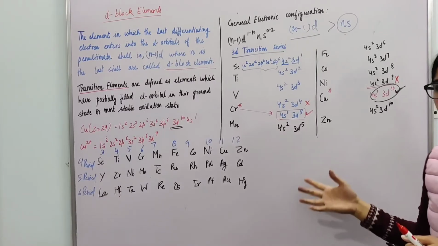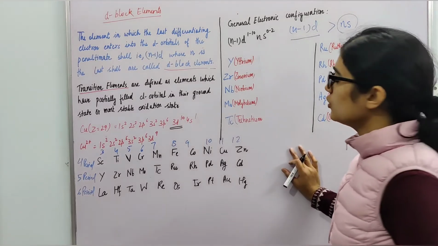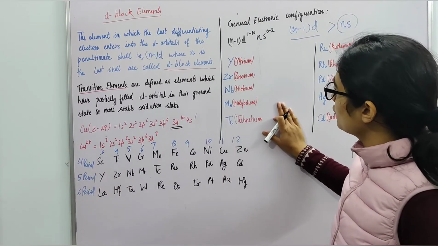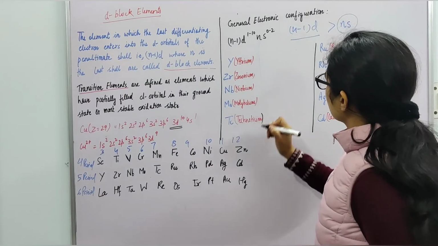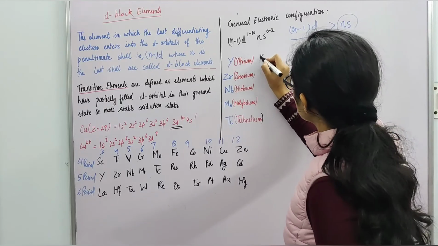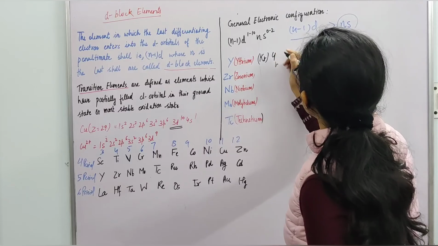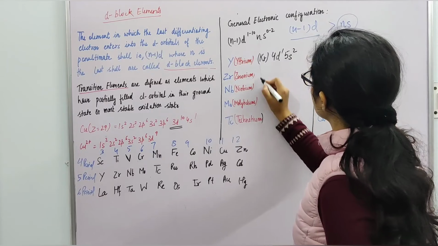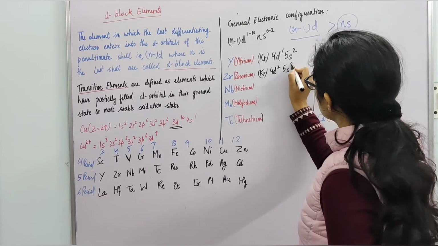Let's move to the second transition series. Moving on to the next, that is the 4d transition series, or the second transition series. The first element is yttrium. The electronic configuration is 4d1 5s2. Then zirconium will become 4d2 5s2.